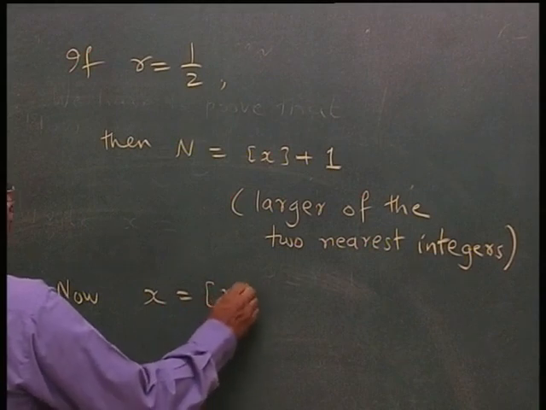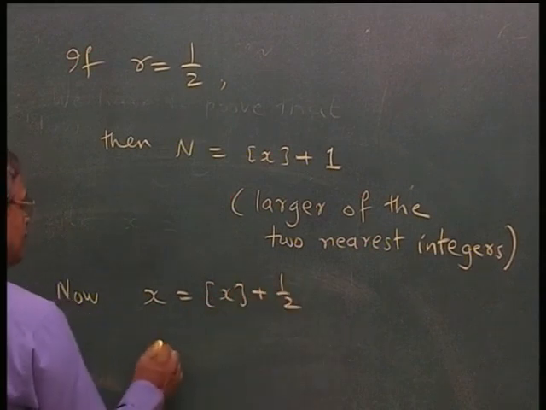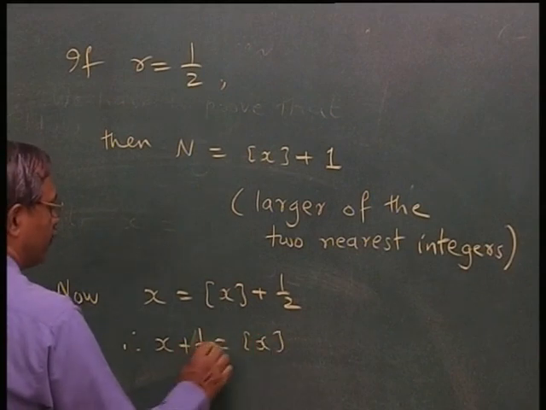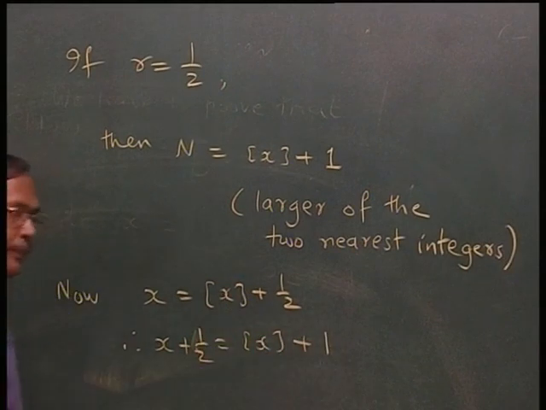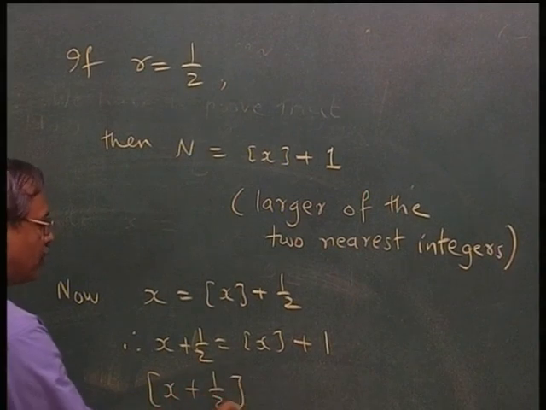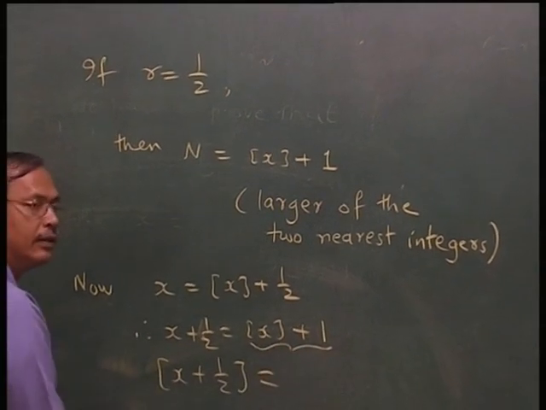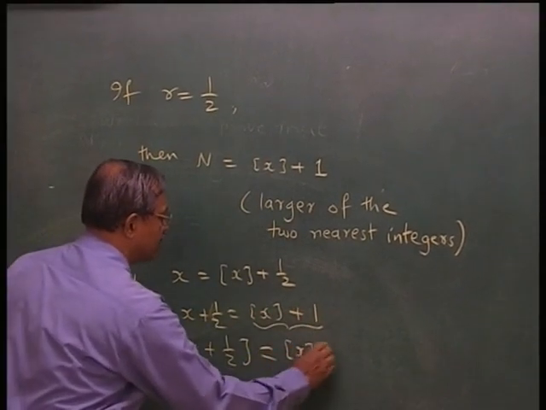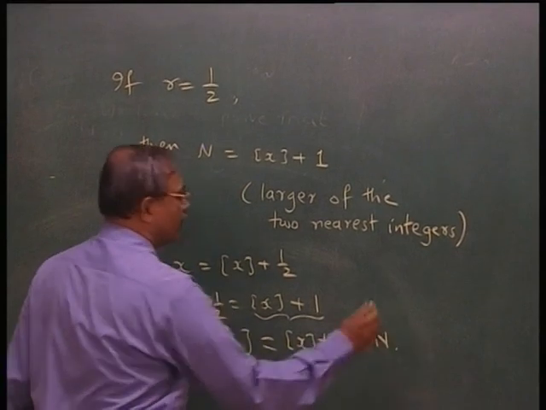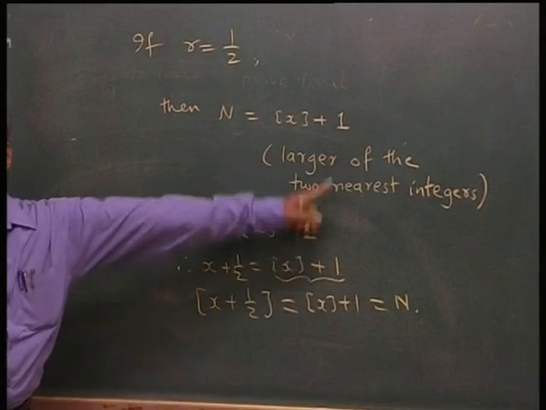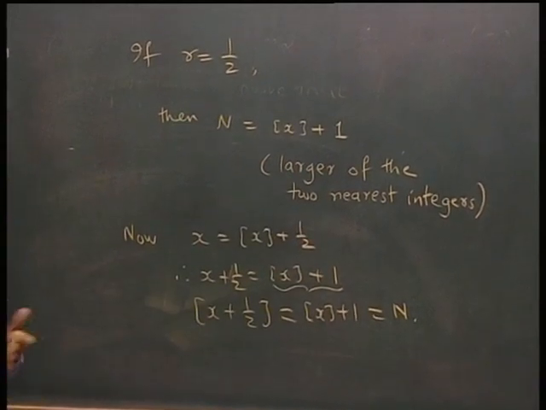Now x is equal to the integral part of x plus half in this case. Therefore, x plus half is the integral part of x plus 1. Add 1/2 to both sides. What is the integral part of x plus half? But this is an integer, therefore it is itself x plus half. That's equal to n, because in this case, the value of n is this.